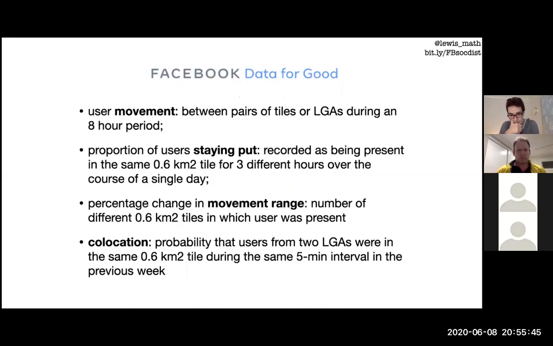Some of these other data sets are much more frequent. Let's say the movement data comes out roughly every 8 hours. So the number of people who are moving between different locations comes out much more regularly. If you wanted to do something closer to real time, that would probably be the data set to use.